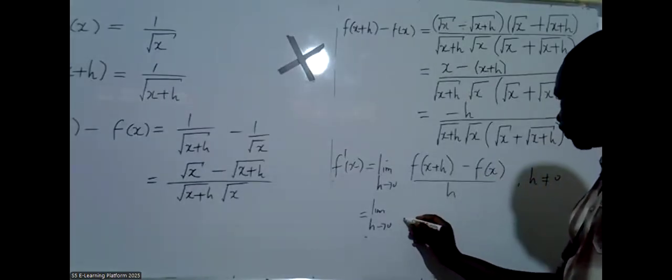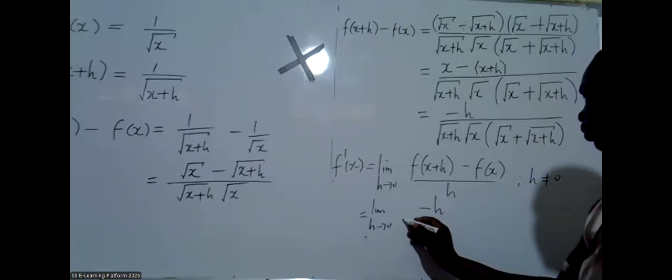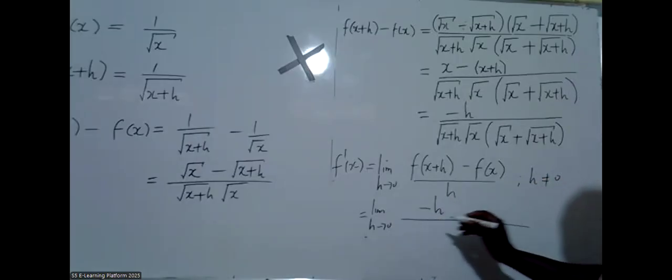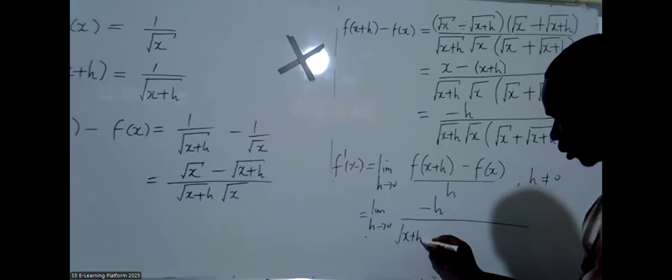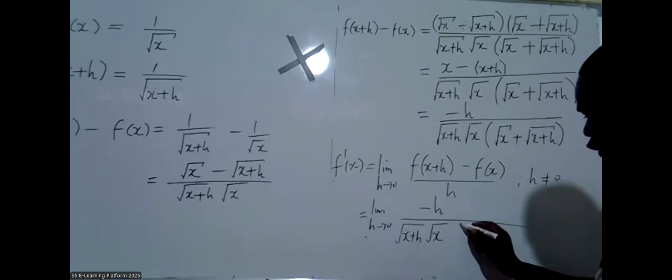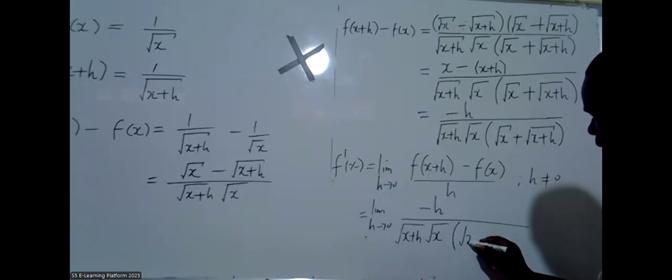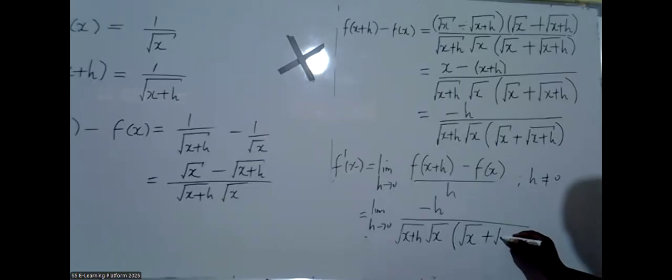So this will be negative h divided by the square root of x plus h times the square root of x into root x plus root x plus h in brackets.